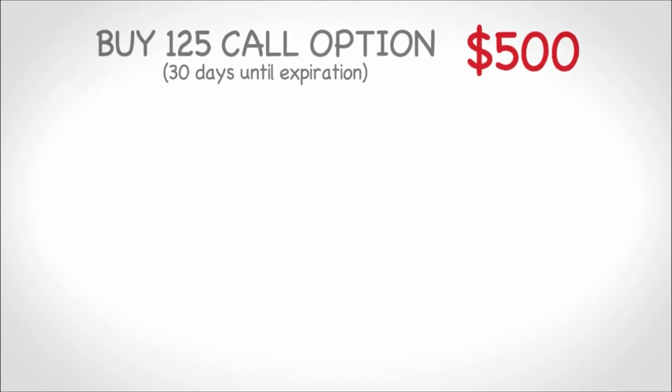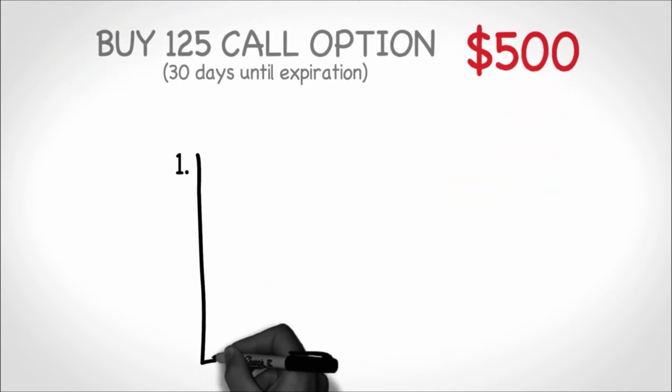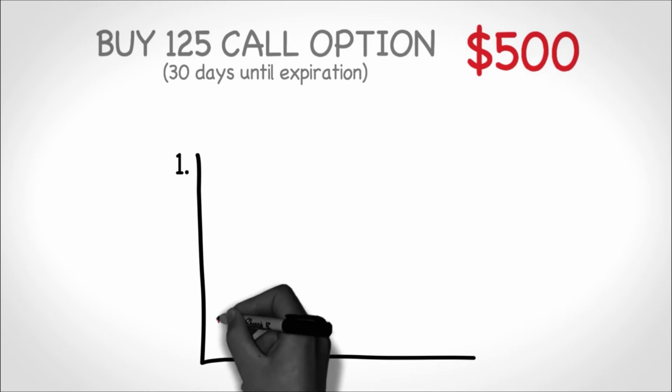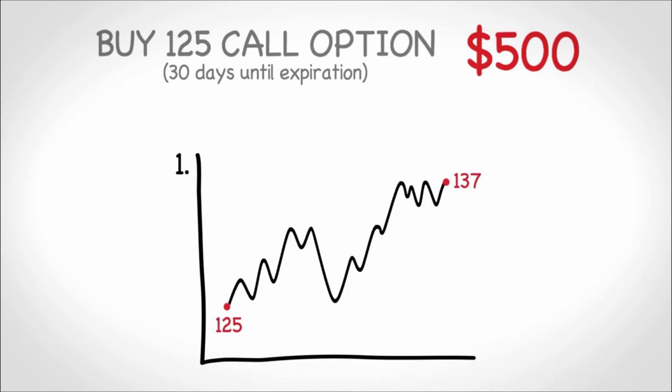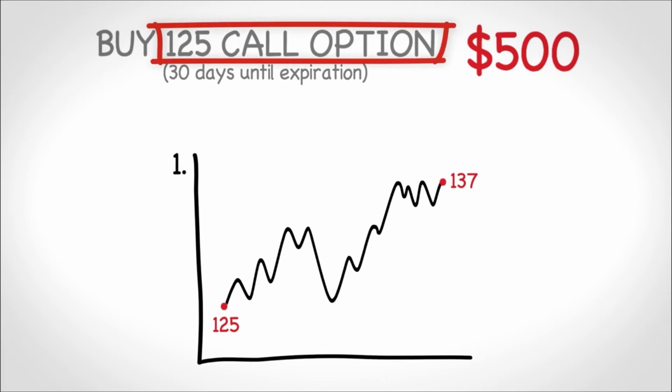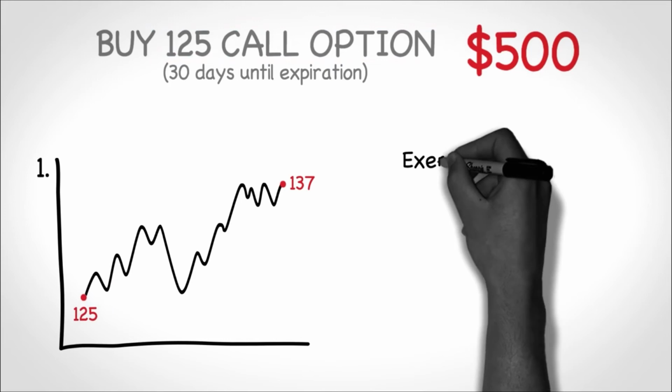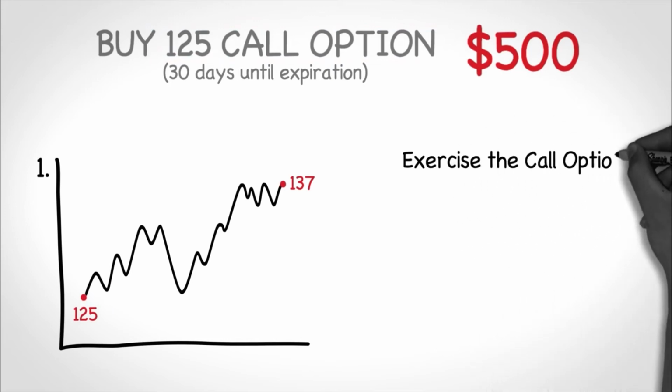Let's look at two scenarios. In the first scenario, after you buy the call option, the stock goes from 125 up to, let's say, 137. Now, you own the 125 strike call option. What you could do at this point is exercise your call option. Exercising your option just simply means that you have decided to take advantage of your right to buy stock at a lower price.